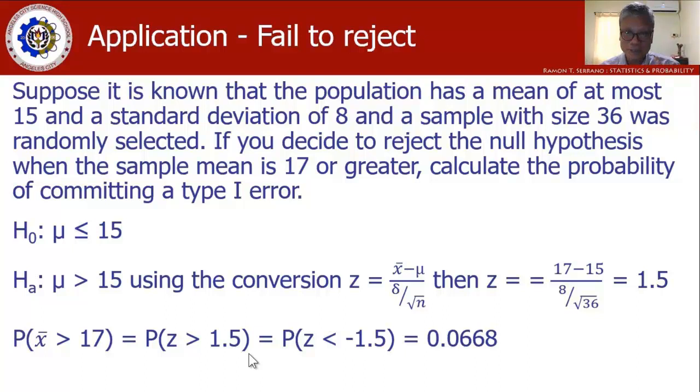And therefore, looking at your standard normal table at z less than negative 1.5, I'll get 0.0668. And that is the probability of committing a type 1 error. If I reject it, I have a 6.68% chance of error.